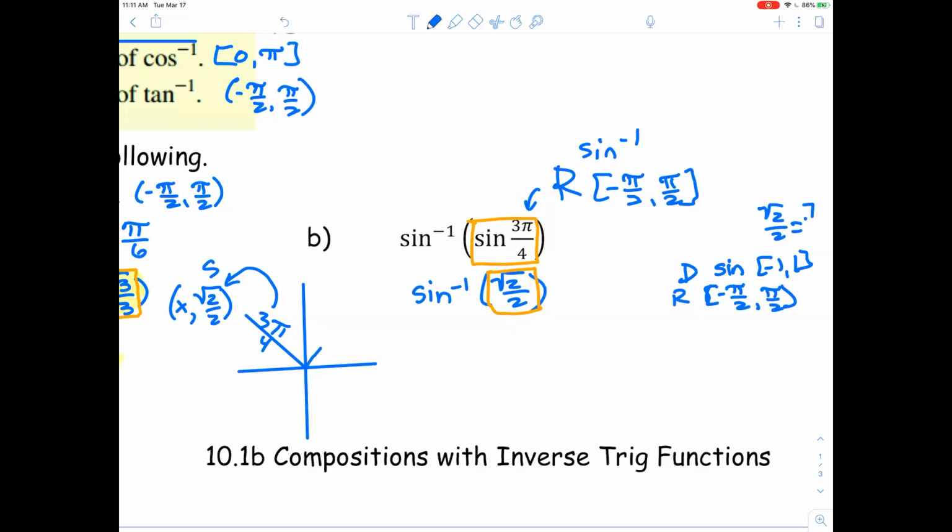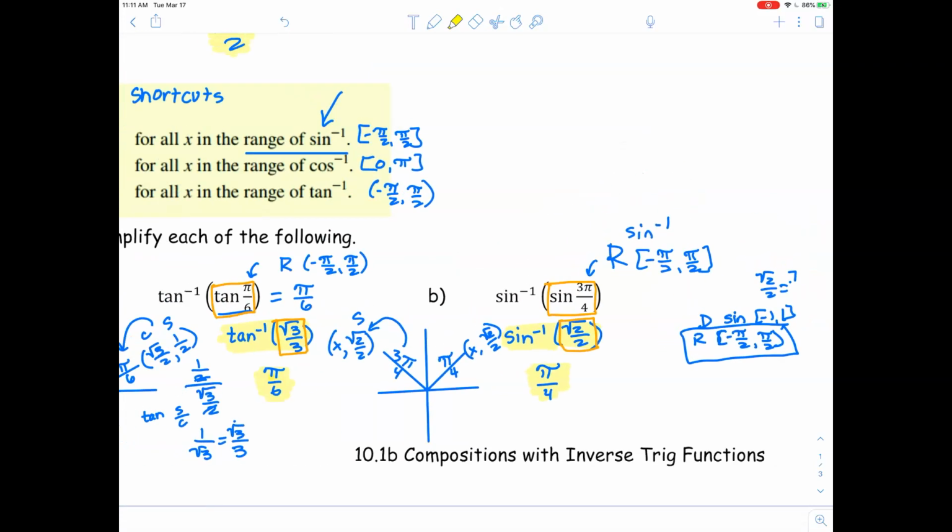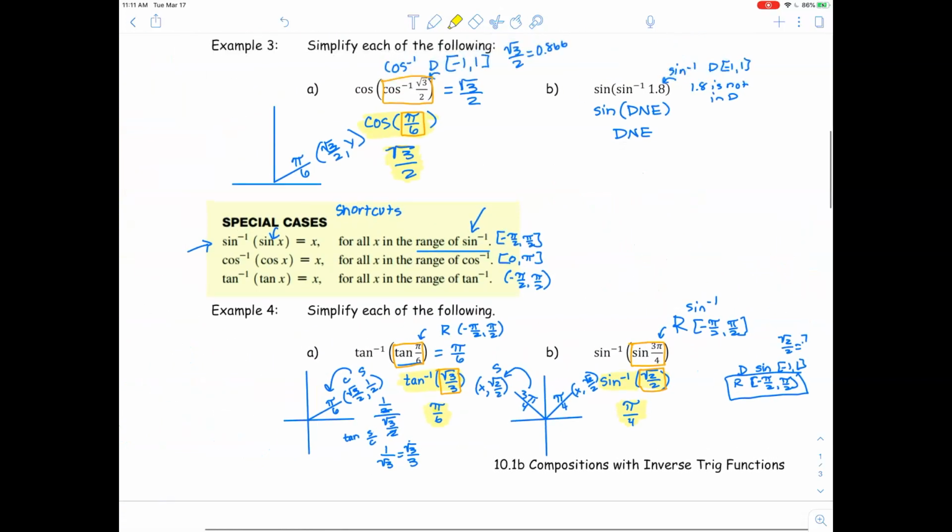Since this is a positive value for sine, we're going to be over here where we get positive square root of 2 over 2. It doesn't matter what our x is. And here we are at pi over 4. So the sine inverse of the square root of 2 over 2, restricted to this range, would be pi over 4.